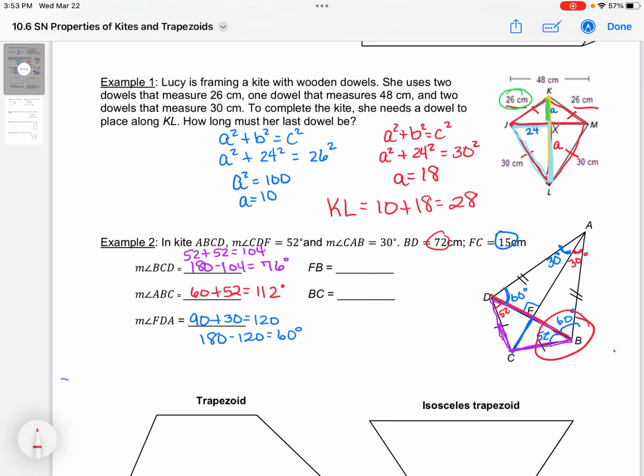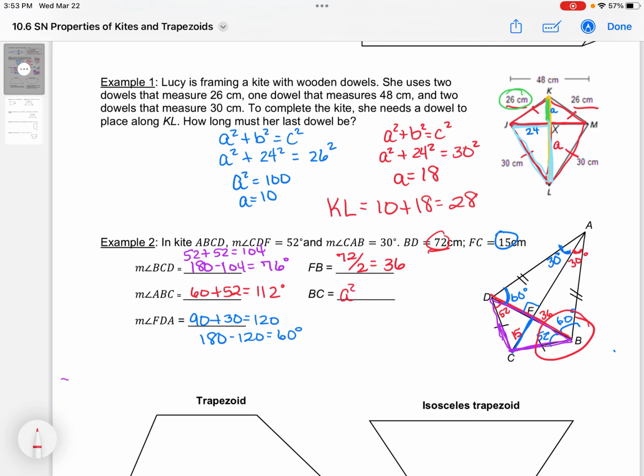FB, so DB is 72, so this is going to be 72 divided by 2, which is 36. And then BC is going to be A squared plus B squared equals C squared. So I know this is 15, and I know this is 36.